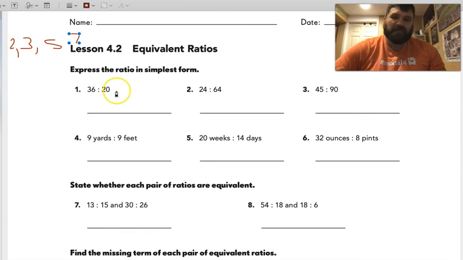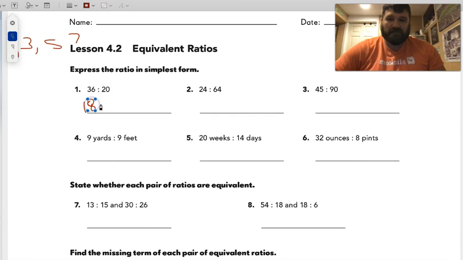So when we look at this, they're both even. I'm going to start off with the most basic ones, and we'll go from there. If I divide these both by 2, because they're both even, I would get 18 and 10, right?